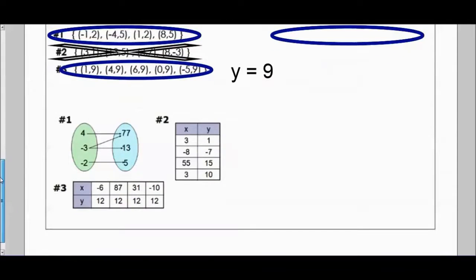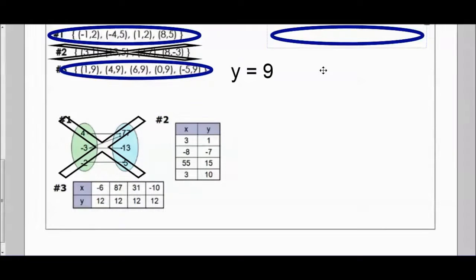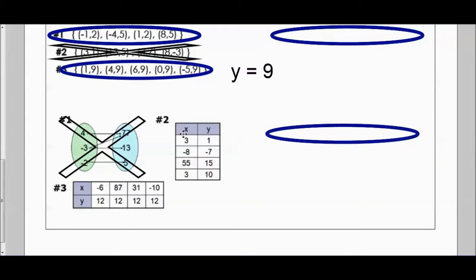Alright, now down to the mappings and tables. We're really looking for an x value to have two different y values. So this x value is repeating because we have two lines coming out of it. -3 goes to 77, and it goes to 13. That can't happen. And that is not a function. Alright, on the next one we have repeating x values here.